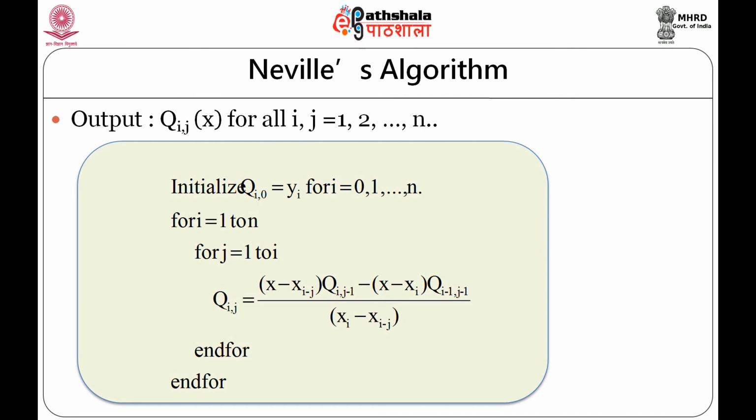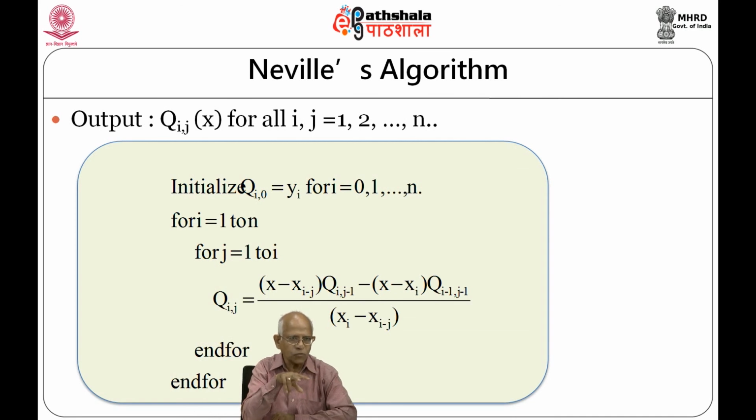So, both these polynomials are of degree j minus 1, and because they are multiplied by a linear factor, the total degree of the numerator will become a jth degree polynomial. So, q i j is also a jth degree polynomial.